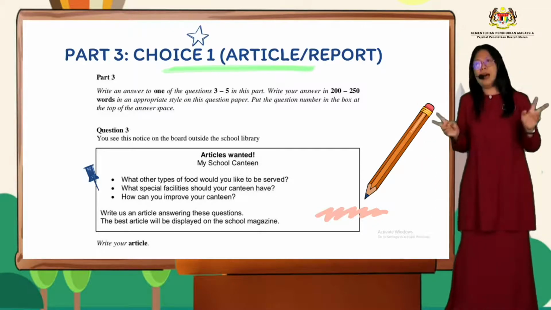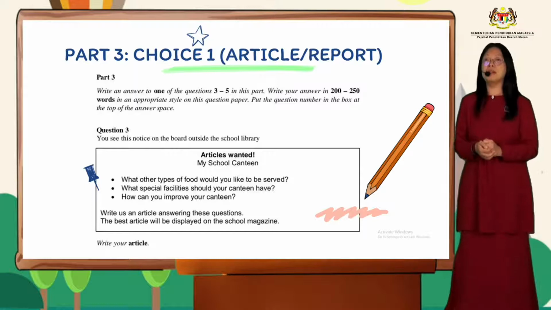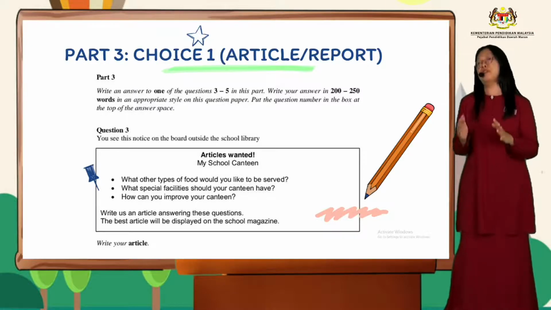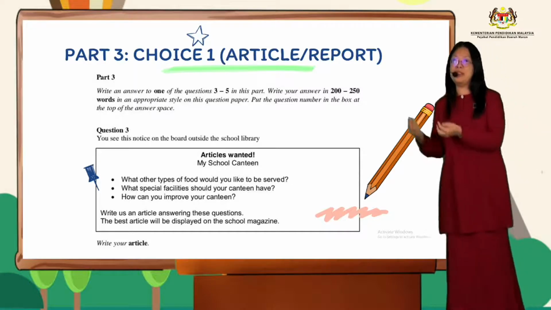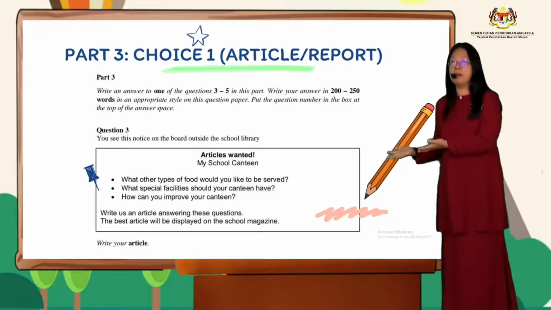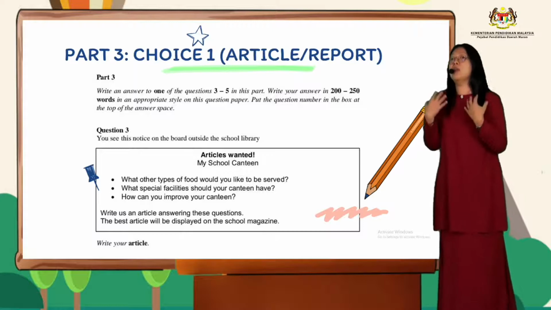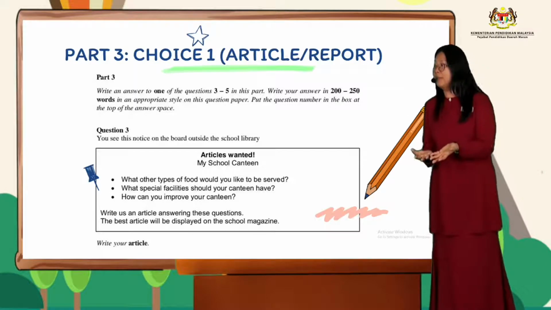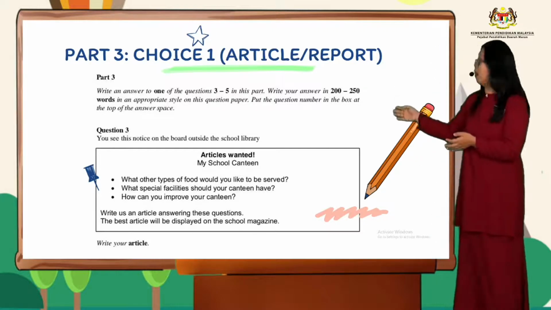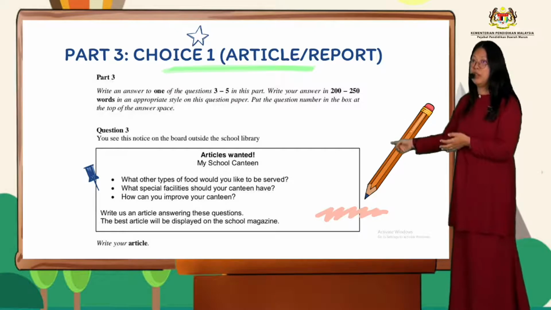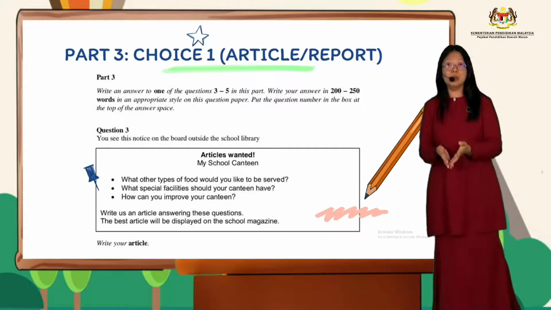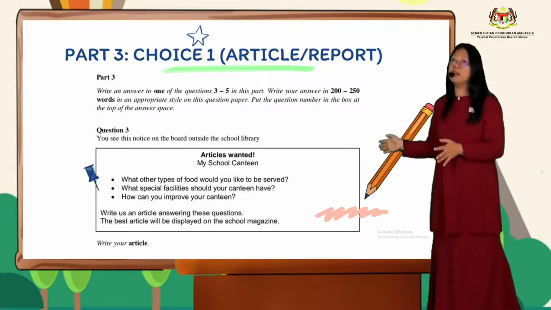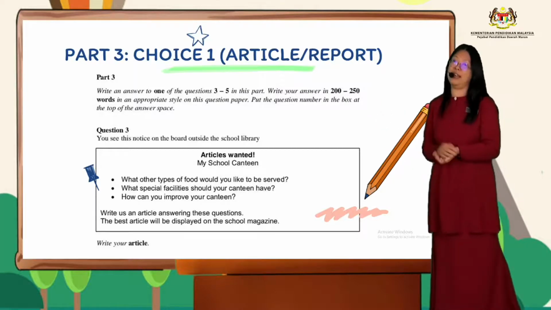What do I mean by semi-formal? Formal but friendly. So when the reader reads your article or report, they feel they are close to you. There are 3 requirements here. Make sure you answer all of them in your essay.